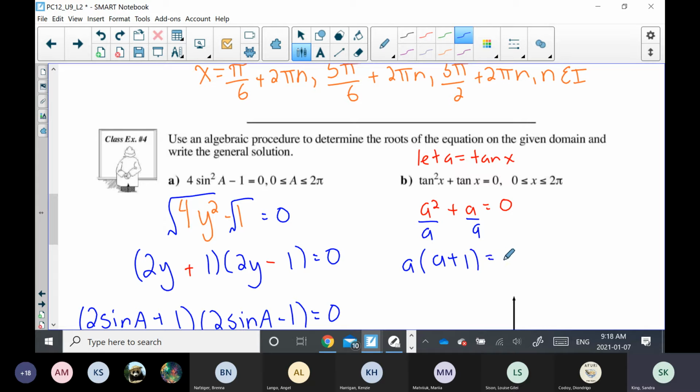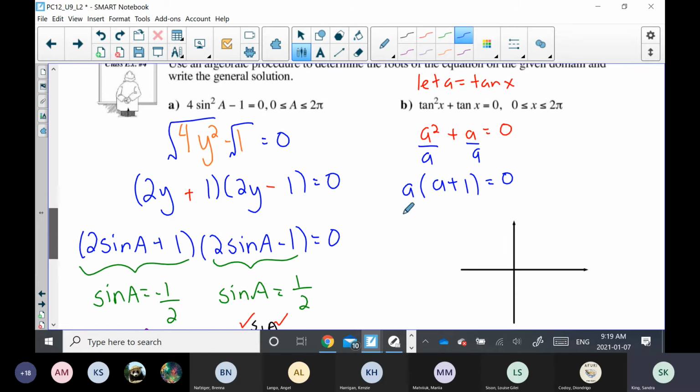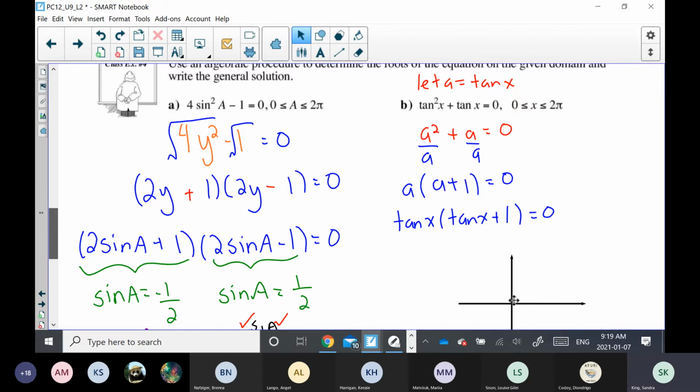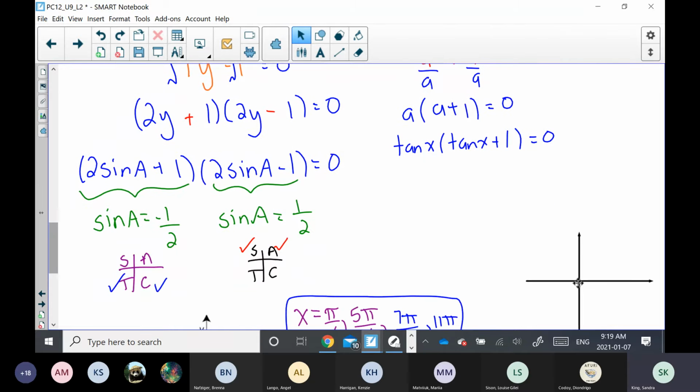Okay, so that is equal to 0. Take out your a at the end, and let's put back in our tan of x. And then what we do is we set each factor equal to 0.